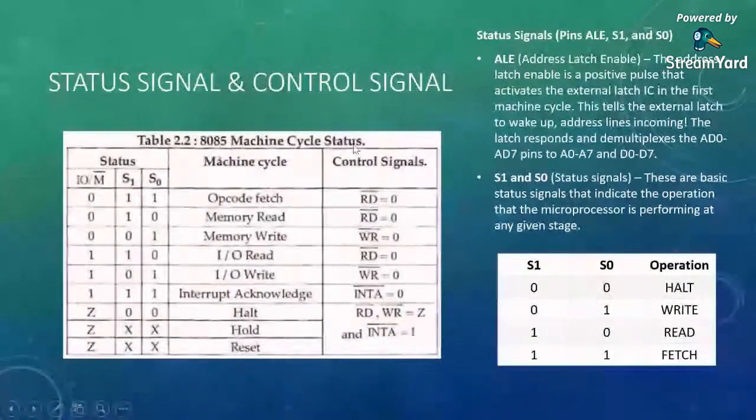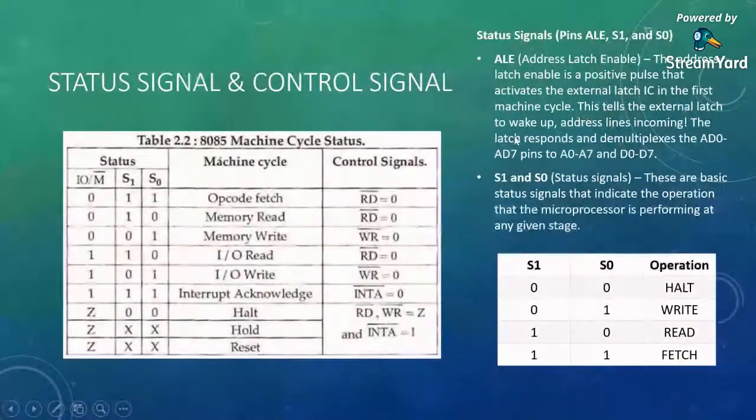First thing first is the status signal, which is from the pins ALE, S1 and S0. ALE stands for address latch enable. The address latch enable is a positive pulse that activates the external latch IC in the first machine cycle.